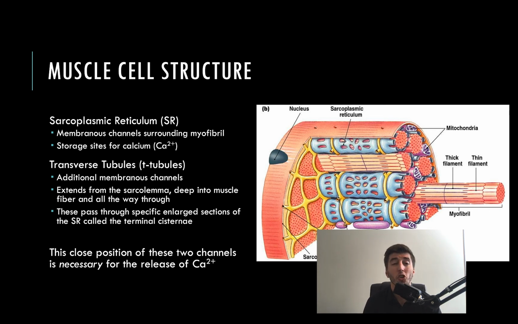The transverse tubules are what's going to be highlighted in yellow. So you see how the SR really wraps around these myofibrils, whereas the T tubules travel deep into the muscle and they actually go all the way through and cut transversely, hence transverse tubule.